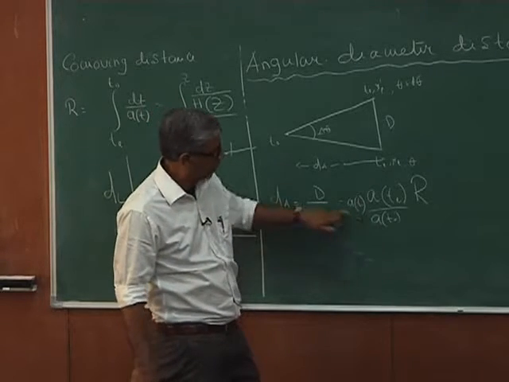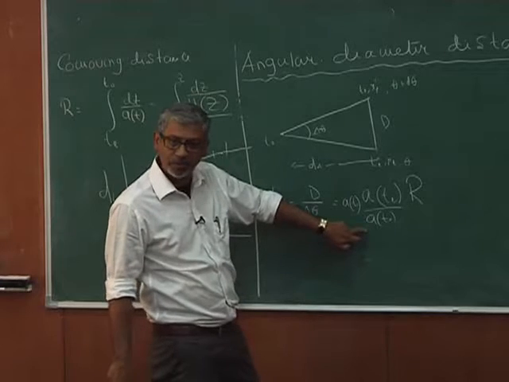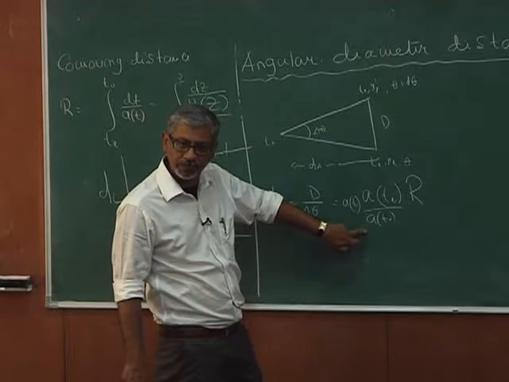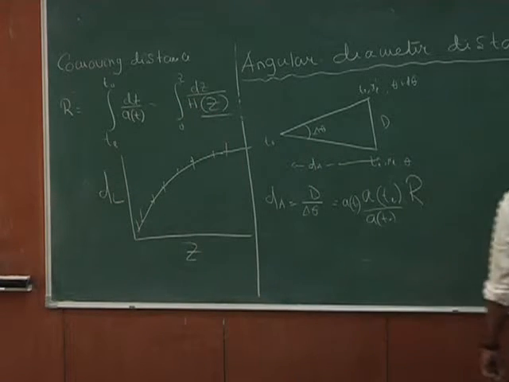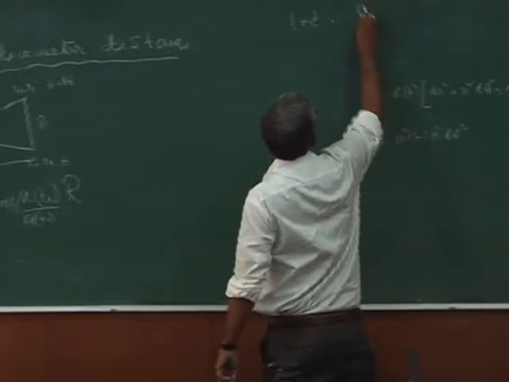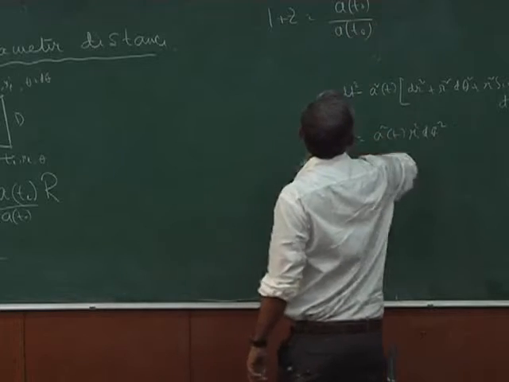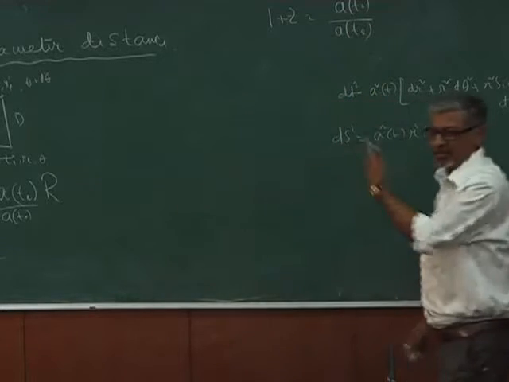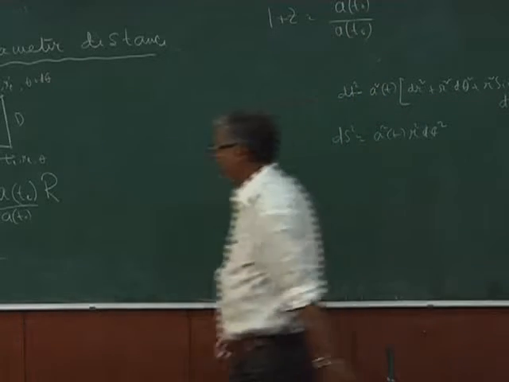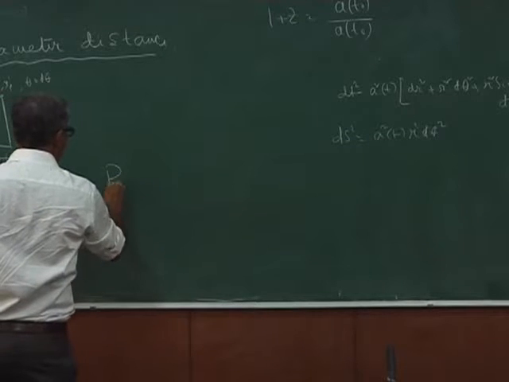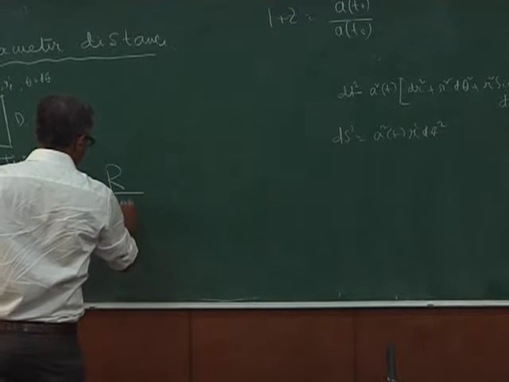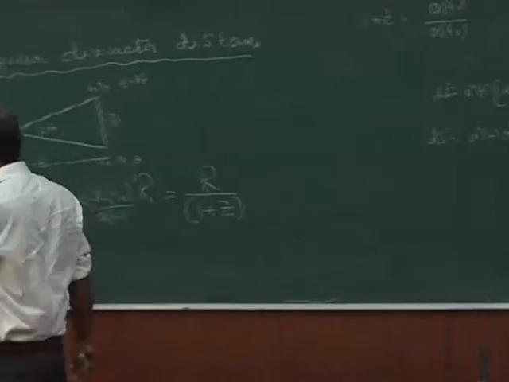If you remember, my 1 plus z was a at t naught by a at t. So, I am putting a at t naught as 1 roughly.